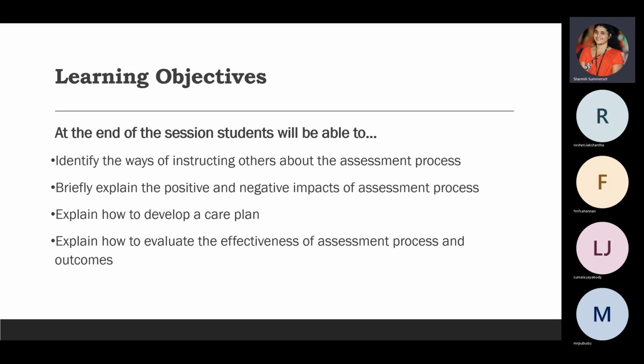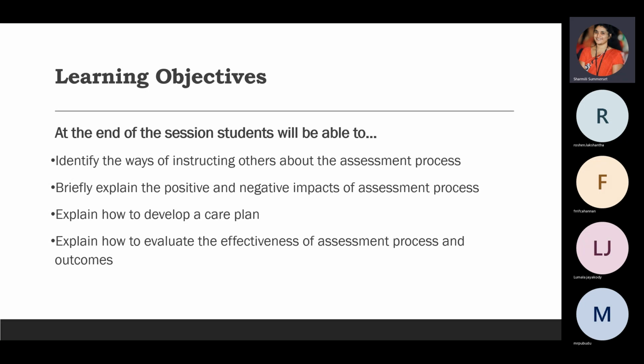Just by asking those questions and filling in the answers, we can develop information, but you need to instruct the others, meaning the other healthcare professionals. Why are you spending this much time with the patients to collect information, or with the family members or other people? You need to instruct them why this assessment is important.